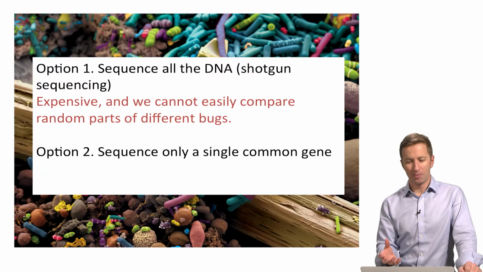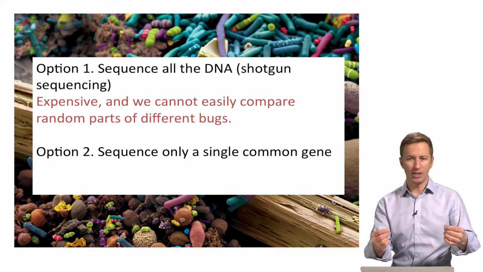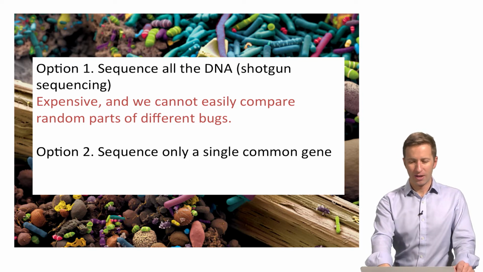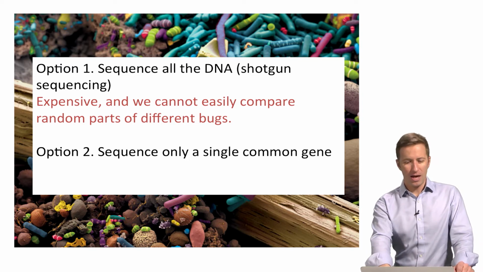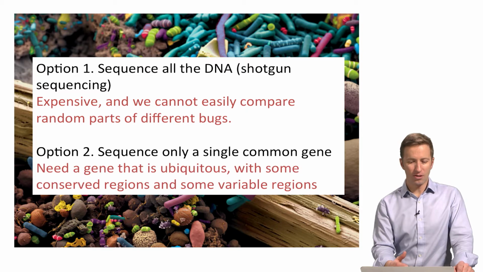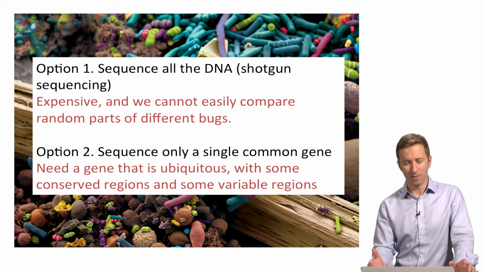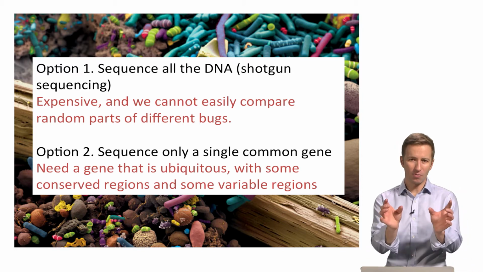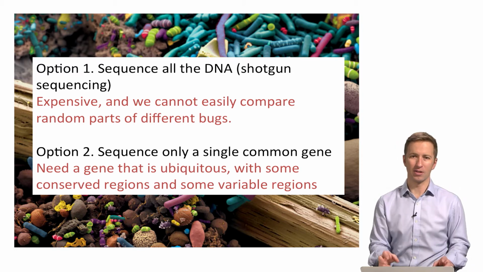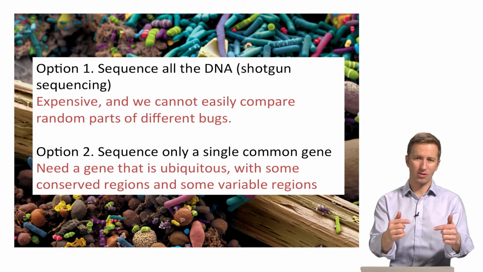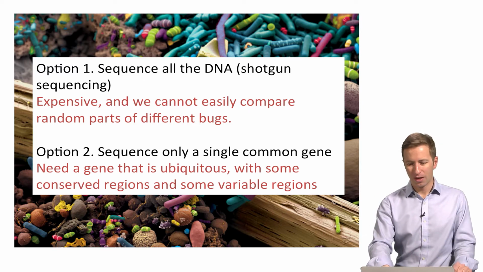So instead, people have been amplifying just this one gene out, the 16S gene, or sometimes other genes. Here you need some gene that's ubiquitous, so it has to be present in all bugs. It also needs to have some regions that are the same in every bug so that you can use primers to amplify them out.